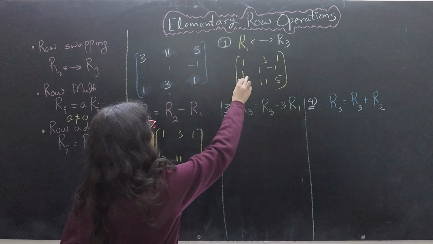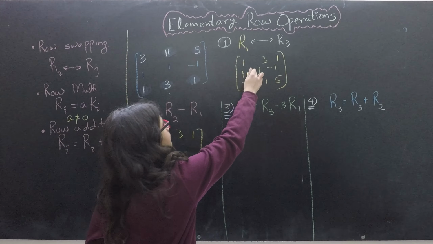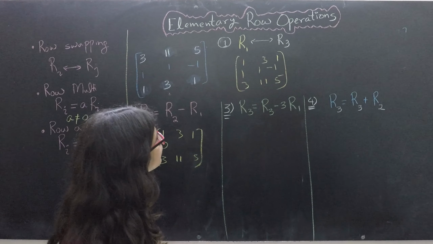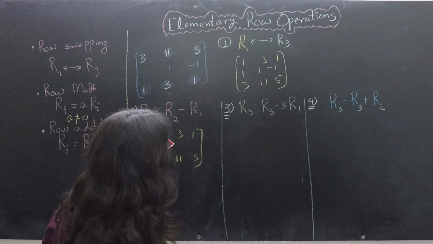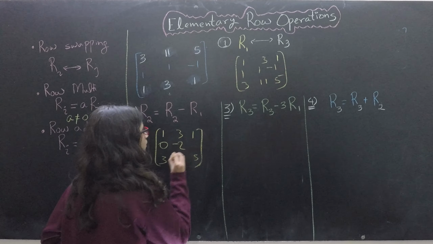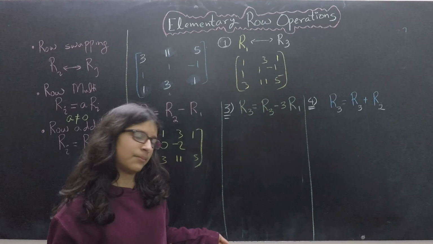Now row 2 will be minused with row 1. So 1 minus 1 is 0, 1 minus 3 will be minus 2, and then minus 1 minus 1 will be minus 2.